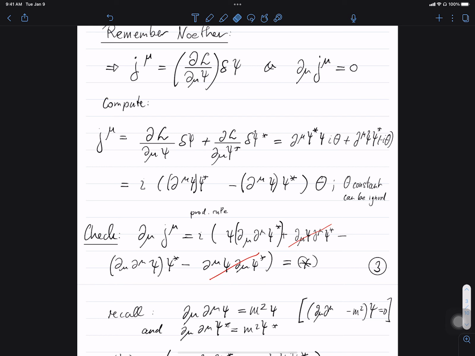Okay, having this, we gather terms. The theta is constant, so we don't really care about it. So the conserved current is really this one.